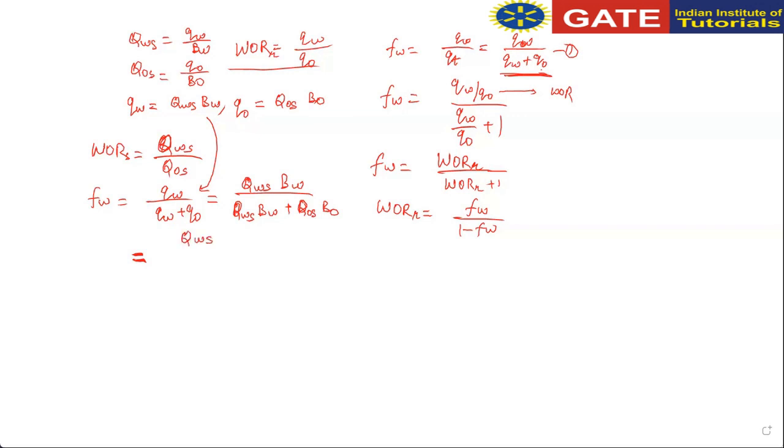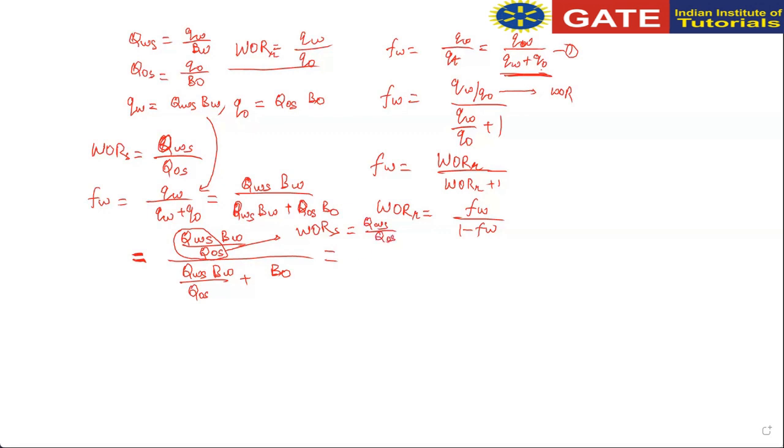This will convert into WOR surface, because WOR surface is equal to QWS divided by QOS.